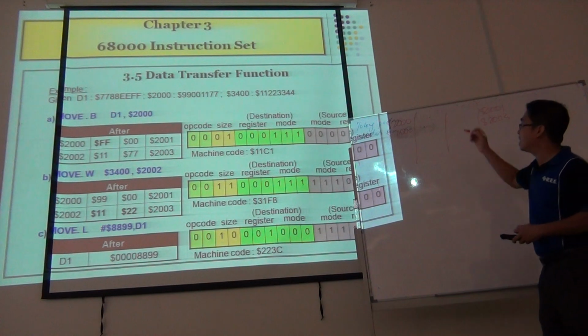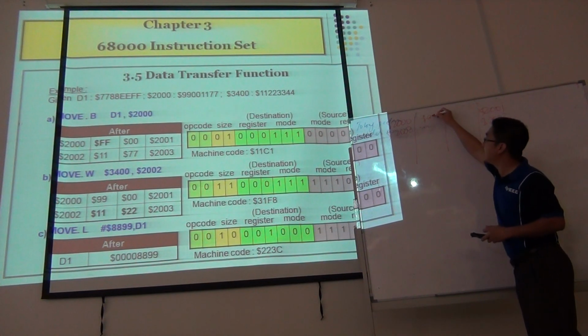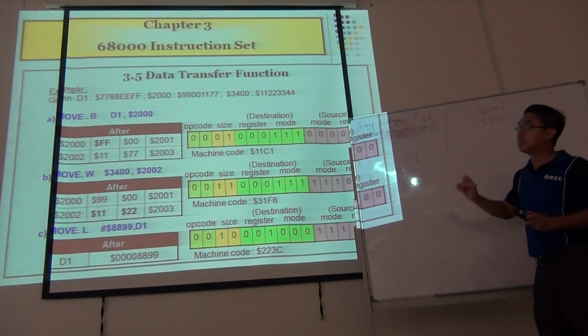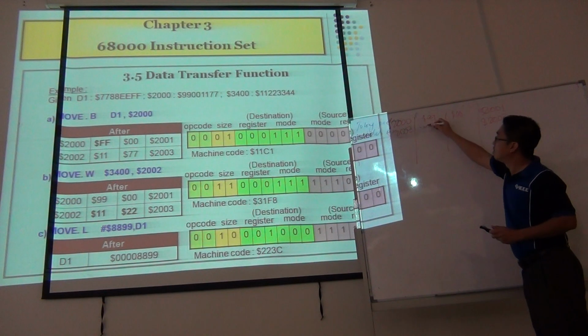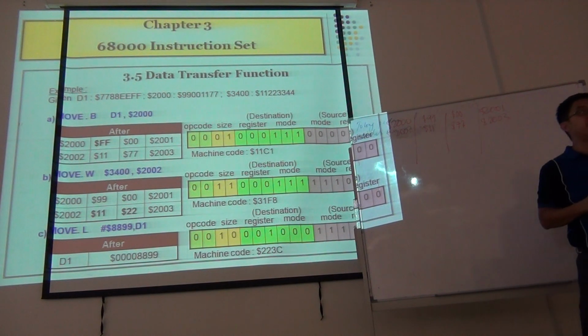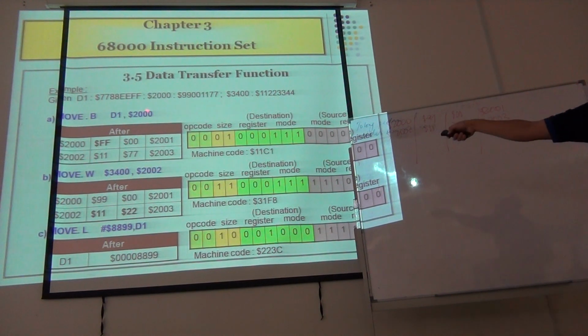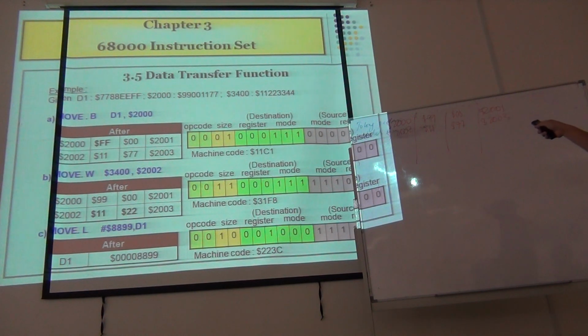$99 will be at this location. Next one $00, $11, $77. That is the meaning of that one. At that location, that is the content, and you have to fill up the memory accordingly.